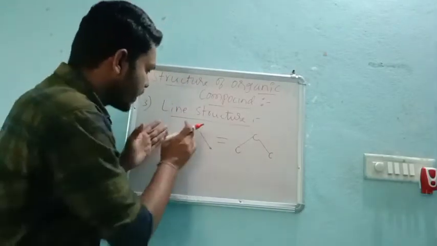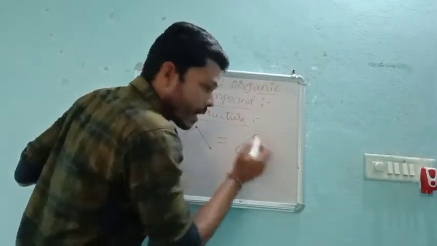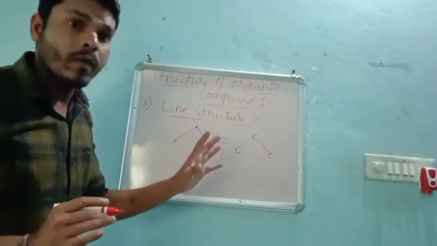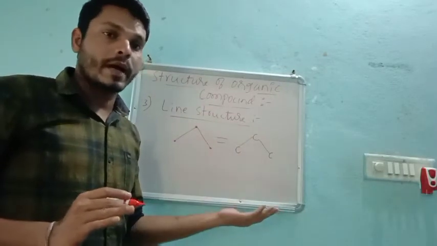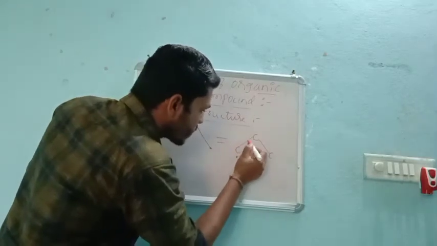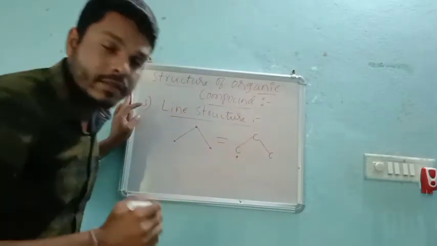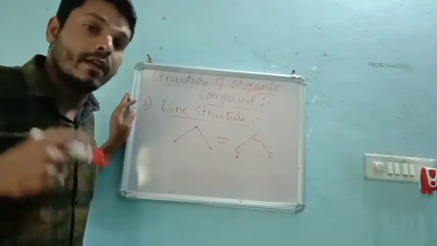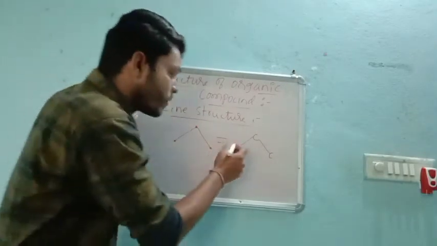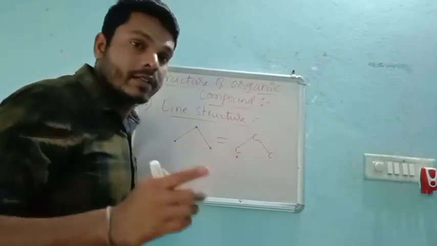Wherever there is a point, I wrote carbon. Now go with the valency of carbon. With respect to this carbon, how many bonds are present? Only 1. So how many do we still require to complete its valency? 3 more, and for those 3 we take the help of hydrogen.